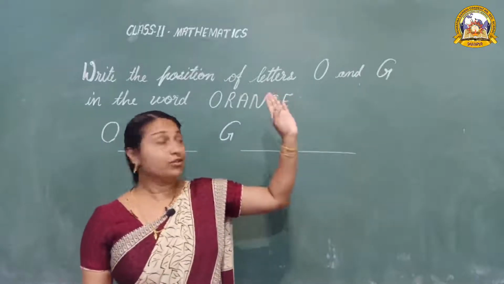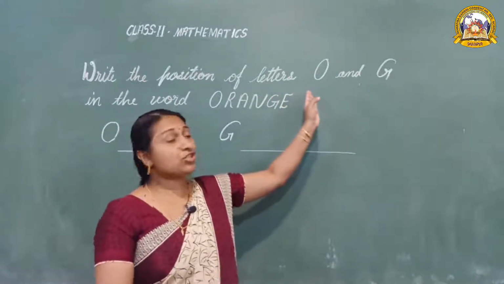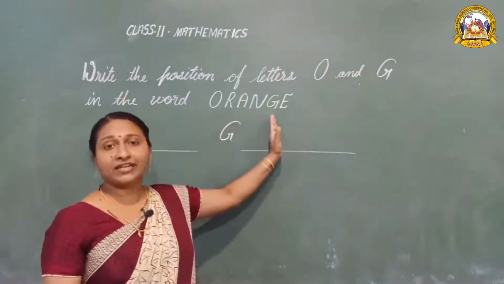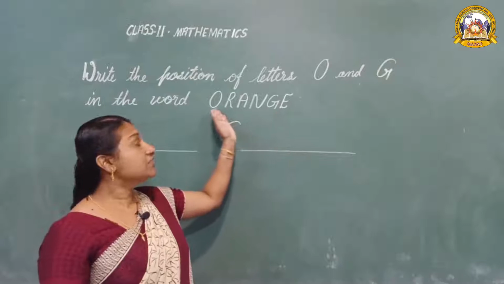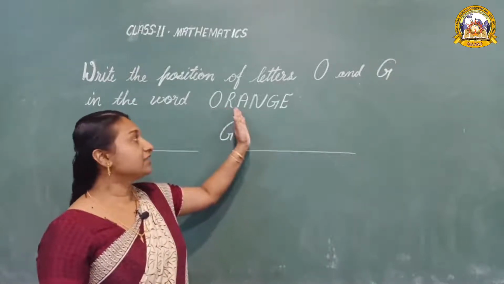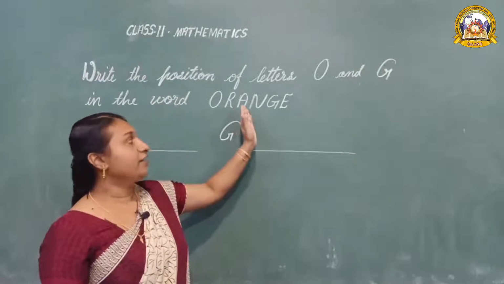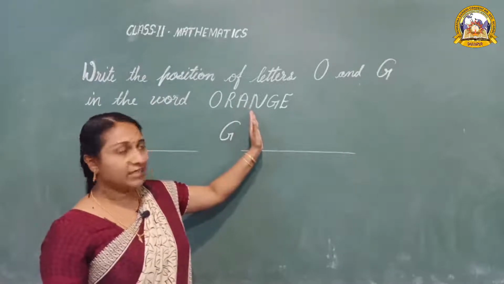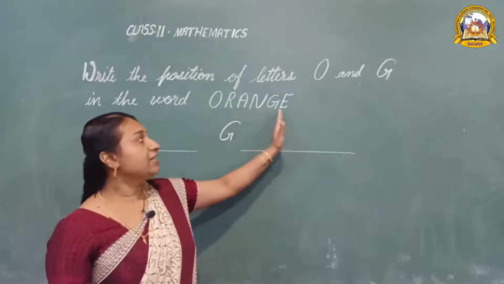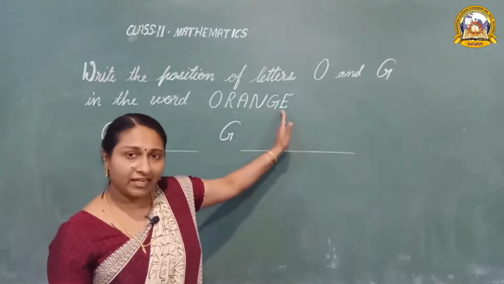Here, we have to find the position of O and G in the word orange. First letter O, second letter R, third letter A, fourth N, fifth G, sixth E.